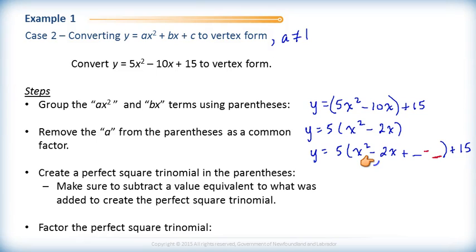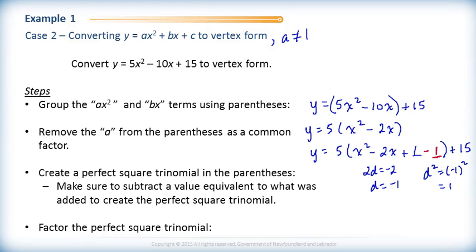So remember, the negative 2 is twice my d value. So 2d is equal to negative 2, and d, therefore, is equal to negative 1. Squaring that gives me 1 to put in this blank. But whatever I've added in, I have to subtract off.